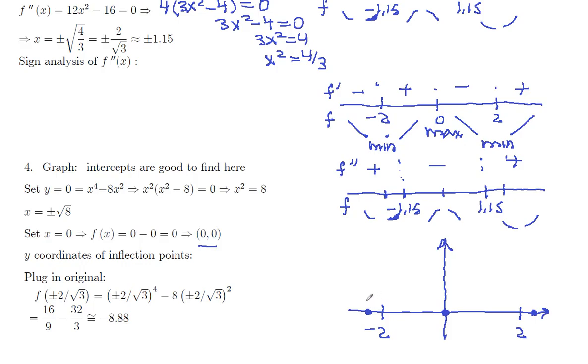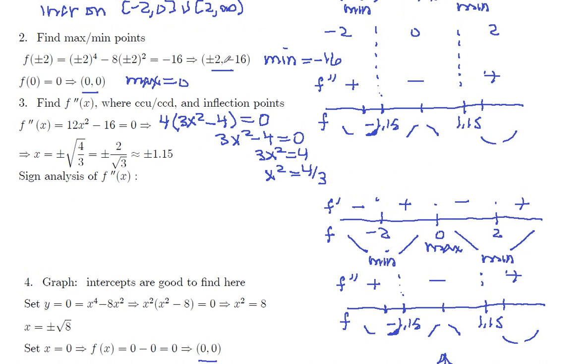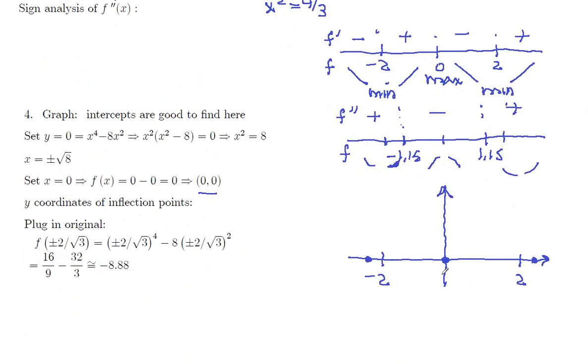And then let's see, we also had our max and min points. So we went back up here. Those were at 2, negative 16, negative 2, negative 16. So 2, negative 16, let's put that down here.